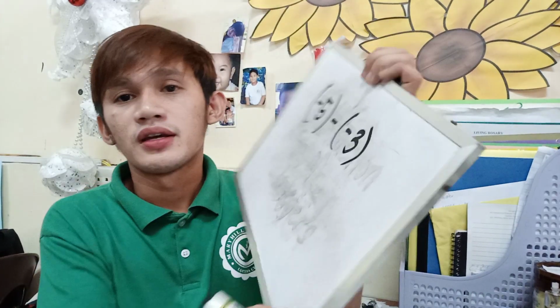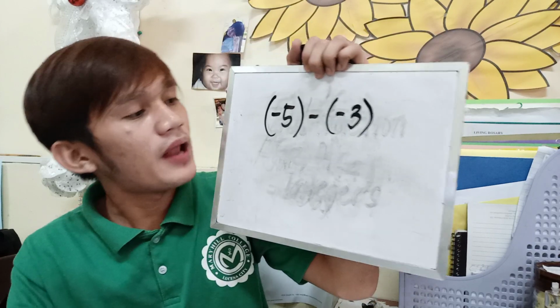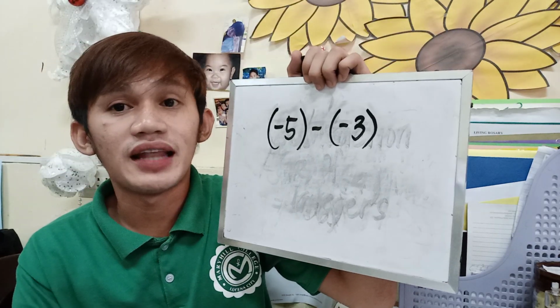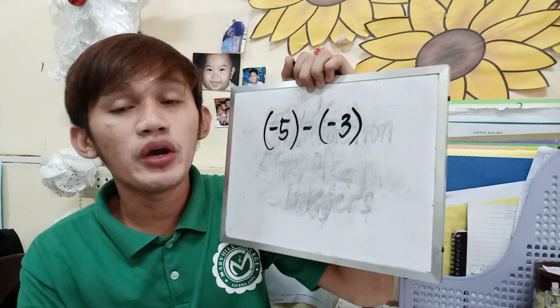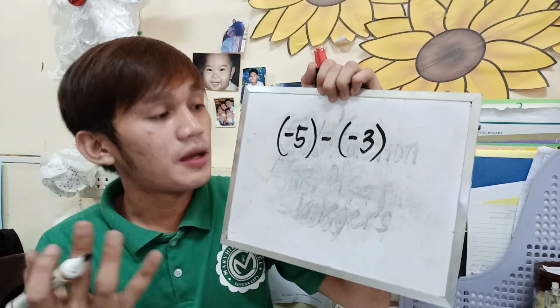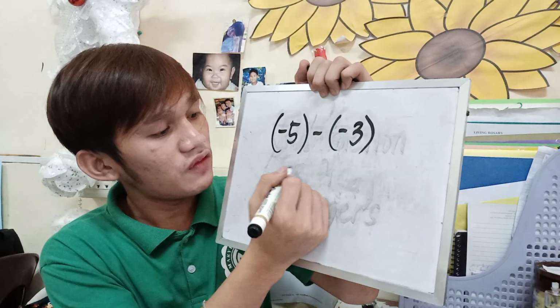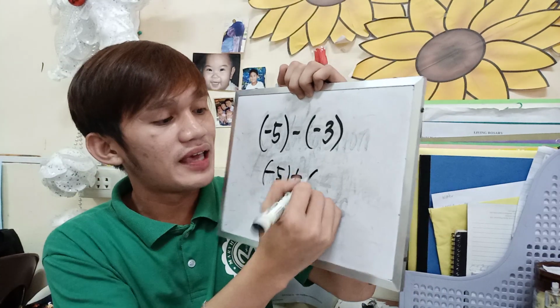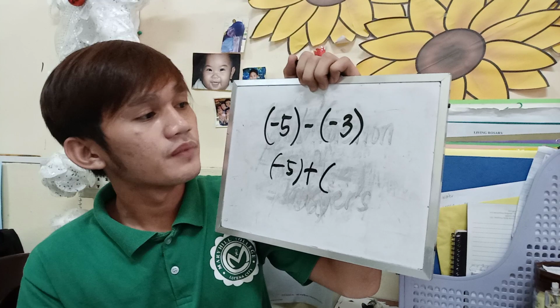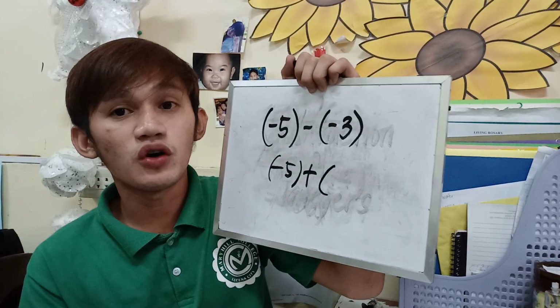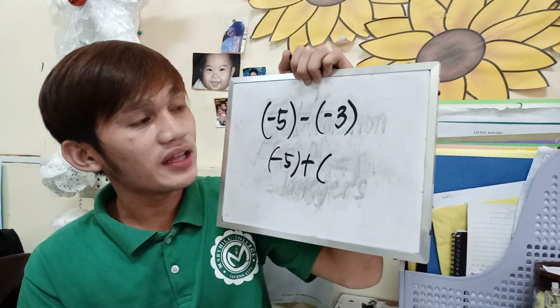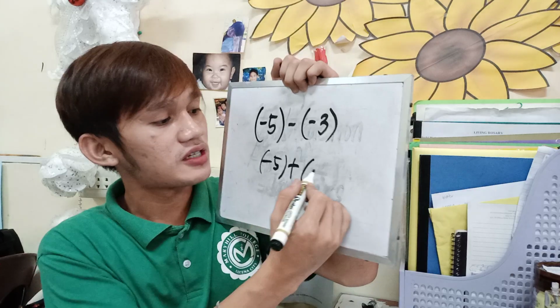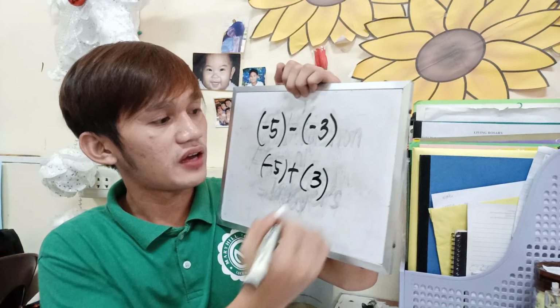Again, we are going to add the minuend, so this will be negative 5, plus the opposite of your subtrahend. The opposite of negative 3 is positive 3.